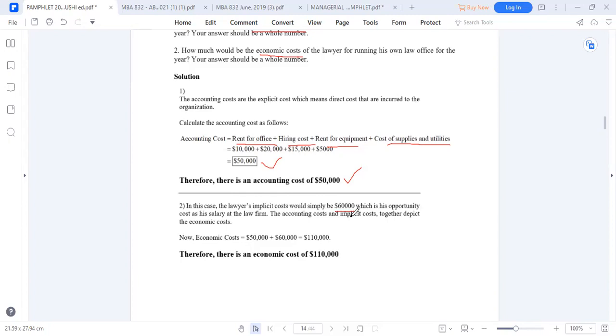So we add everything there, then we add the cost of him being a lawyer at that very firm. So the cost that he's going to incur is 110. So is that clear? Yeah, we are very clear.